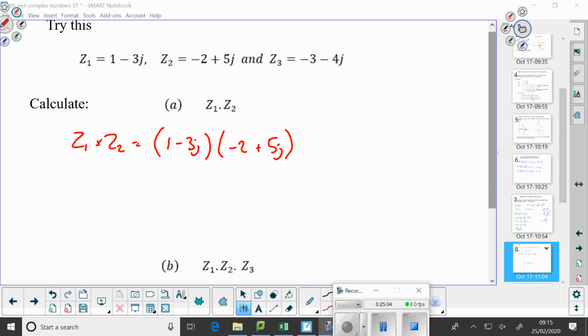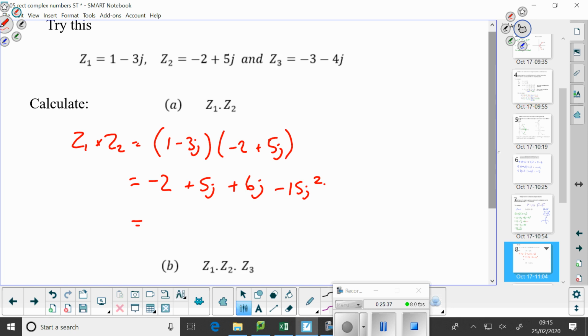Right, gents. So z1 times z2, so we'll talk about 1 minus 3j times minus 2 plus 5j. So we do 1 times minus 2, minus 2, 1 times plus 5j, 5j, minus 3j times minus 2, plus 6j, minus 3j times plus 5j, minus 15j squared.